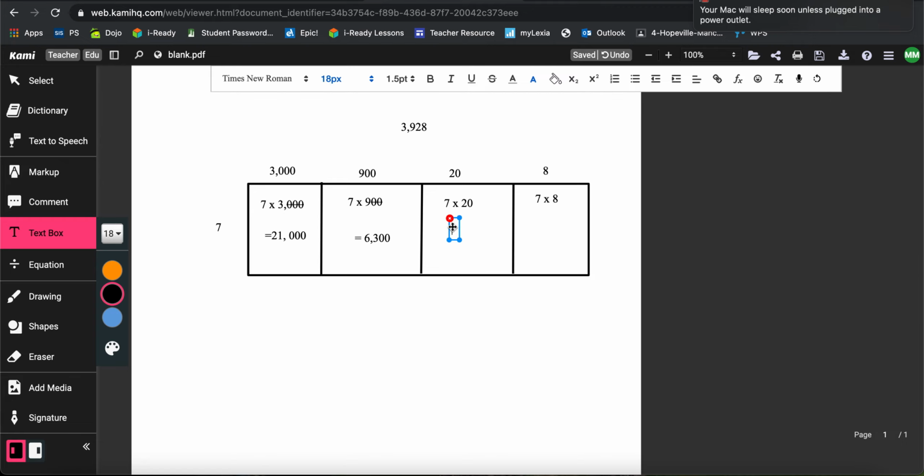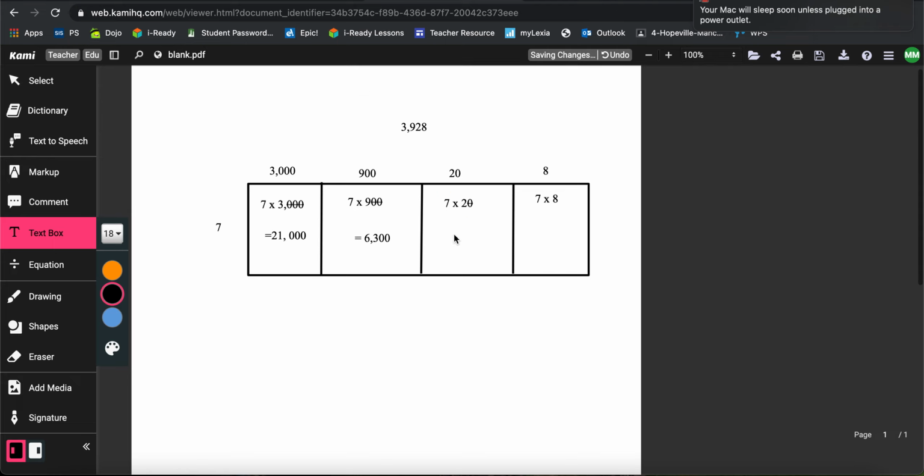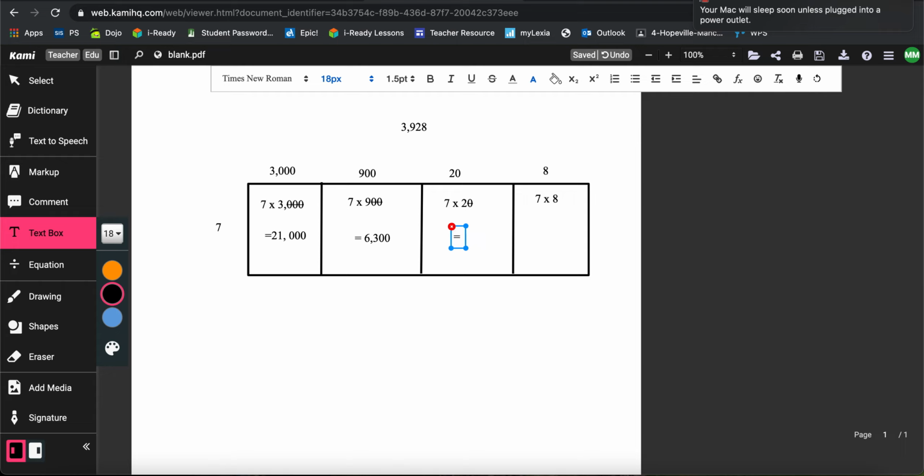Here, we move to our tens place, where we have 7 times 20. And with our zero rule, we see we have a 10. With this 10, we're going to strike through the zero and then add it to the end of our product.